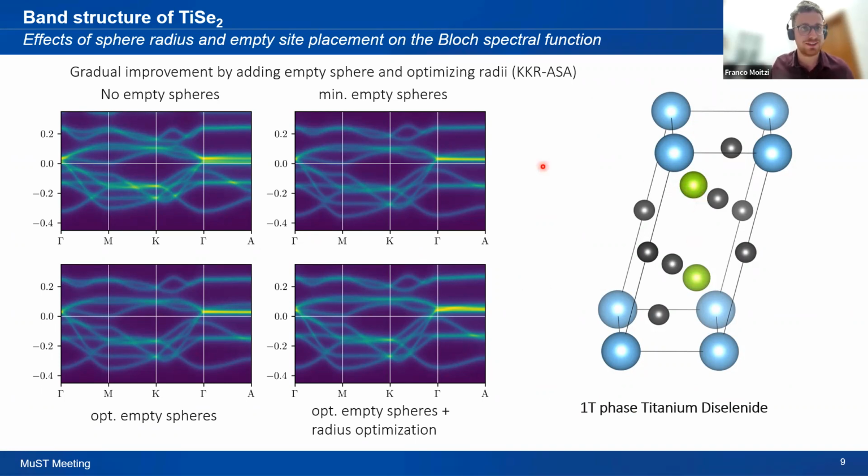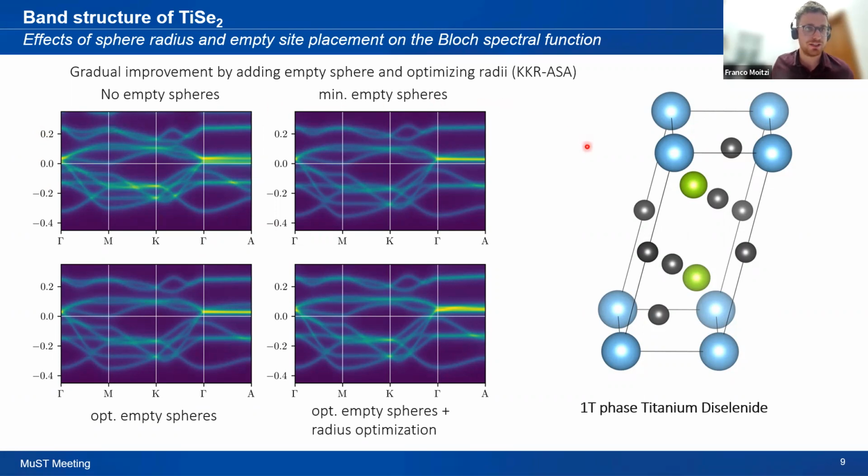If one does ASA calculations without spheres, of course the band structure doesn't look that bad. But still, there are issues with all these degeneracies, and also the density of states is often not correct, nor is the placing of the Fermi level.